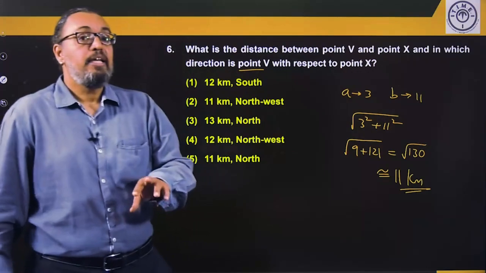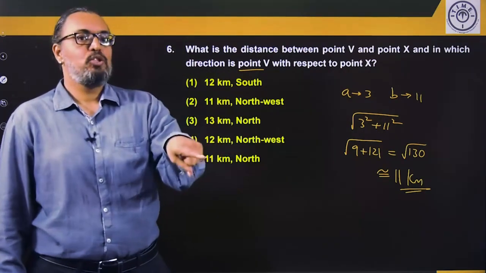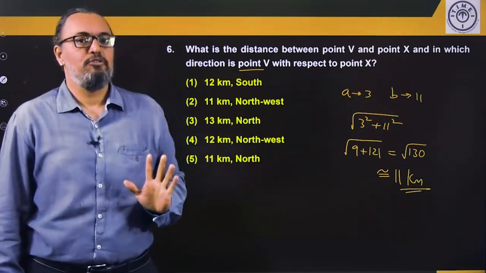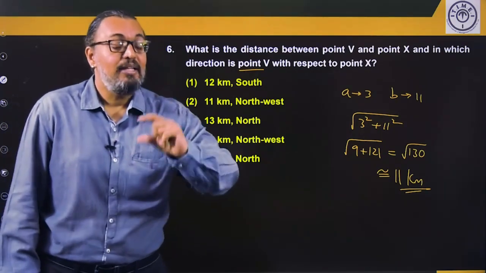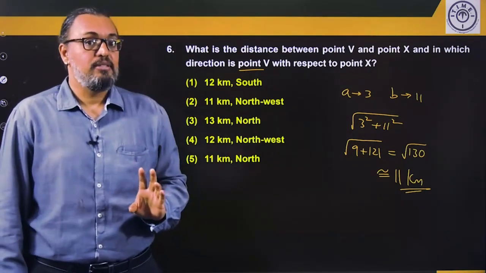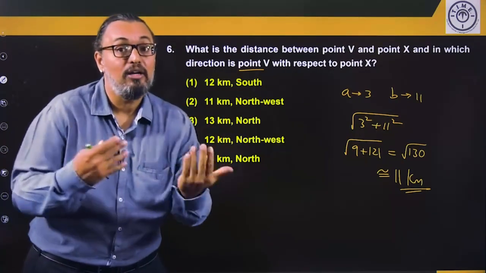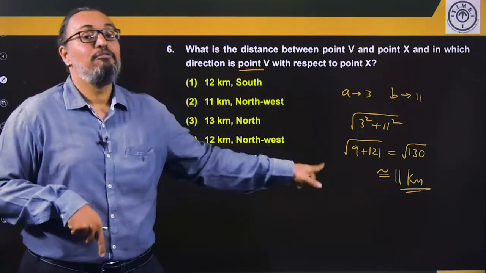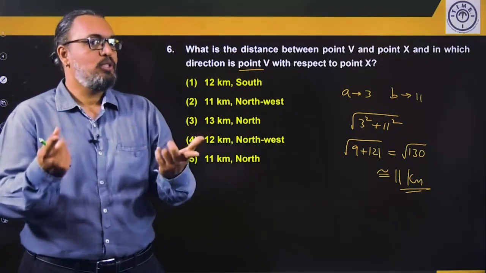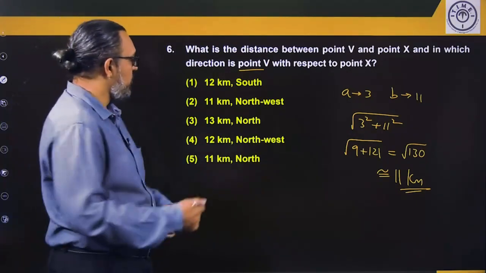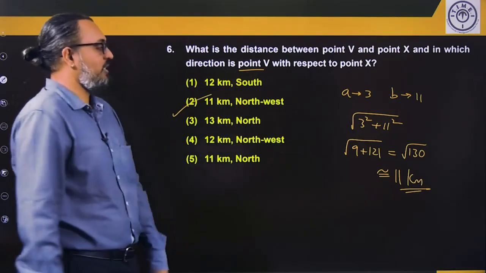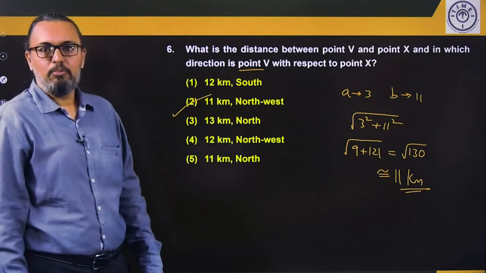Because 130 is between 121, which is 11 square, and 144, which is 12 square. Now between 130 and 121, 9 is the difference, and between 130 and 144, 14 is the difference. Which is the lower difference? 9, and that is why we choose 11 square. That is how you take the nearest perfect square. So approximately 11 kilometers northwest. Understood the point here? Okay.